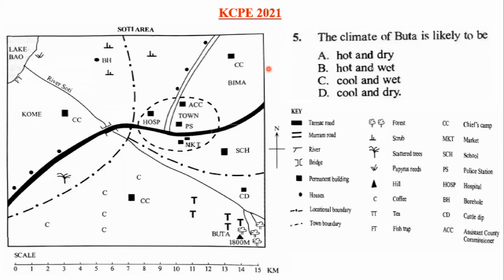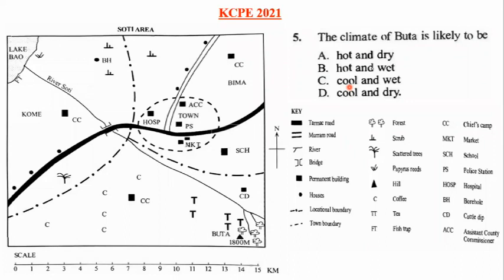In hot and dry, what do you expect to see so that you can say the climate experienced here is hot and dry? What do you expect to see so that you can say the area experiences hot and wet? What should we see on the map that will tell us cool and wet?